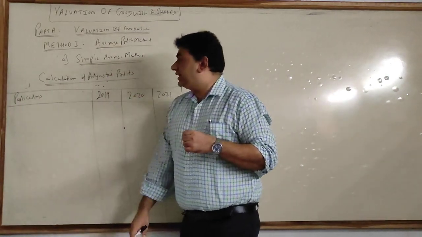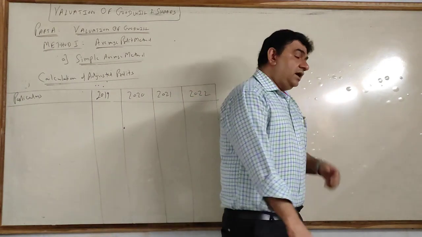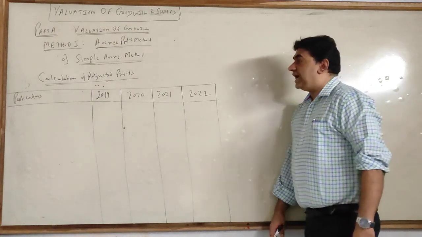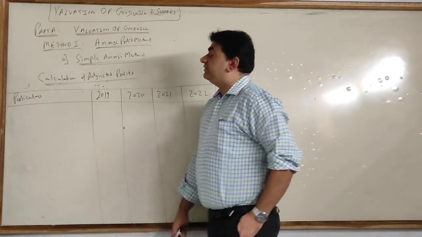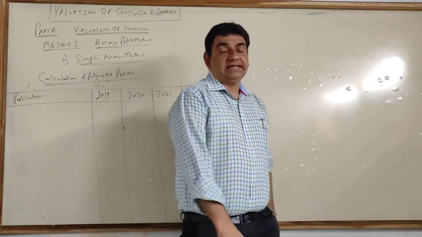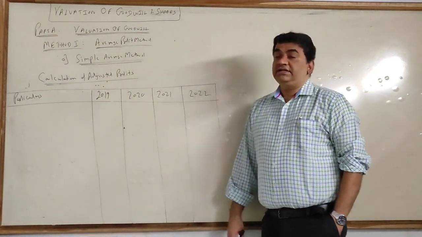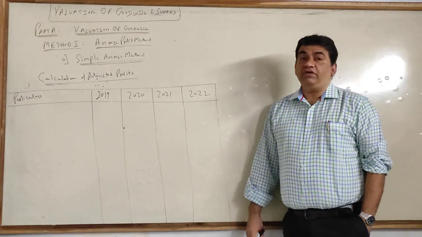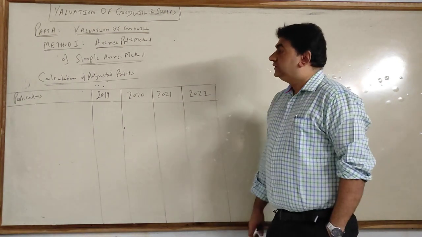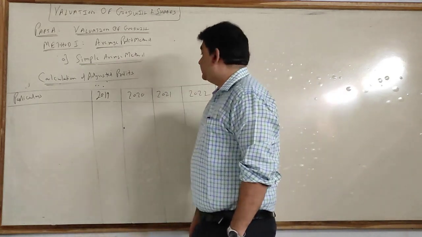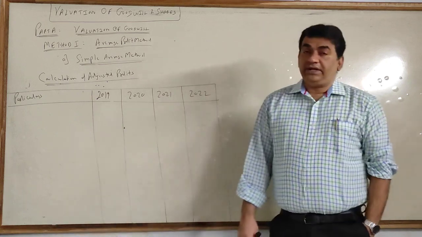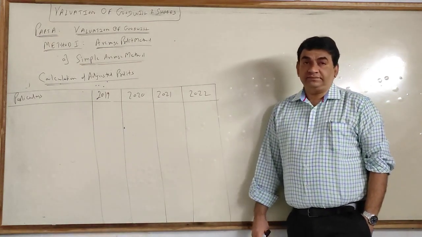The original profits which are given in the question, that profit we will adjust according to the information given in the question, and then we will find out the value of goodwill. Okay, so particulars and 4 years, 19, 20, 21, 22.